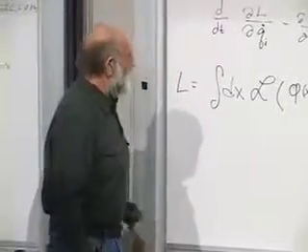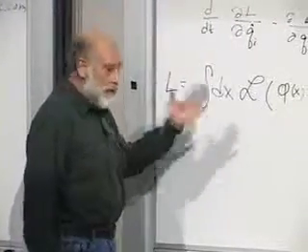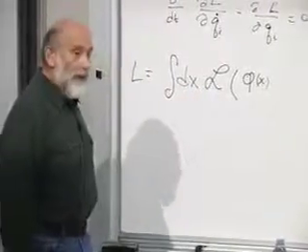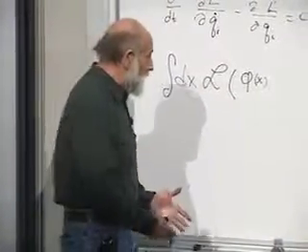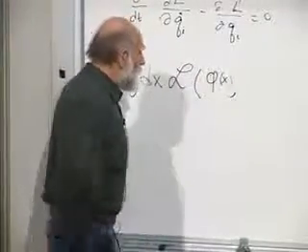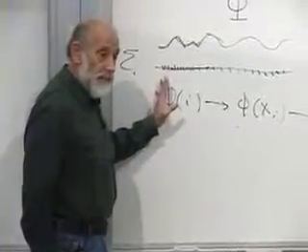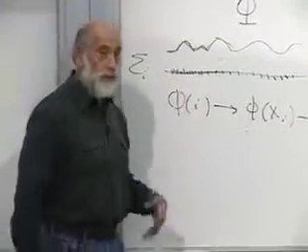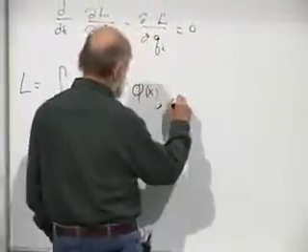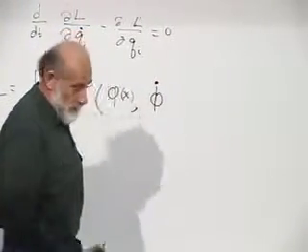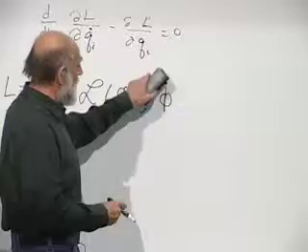Right, so the sum over the degrees of freedom becomes an integral over x of a thing which is called the Lagrange density. And in general, the Lagrange density will depend on phi. It will depend on time derivatives of phi, just like Lagrangians depend on q's and q dots. It will depend on phi dot, which means the derivative with respect to t.